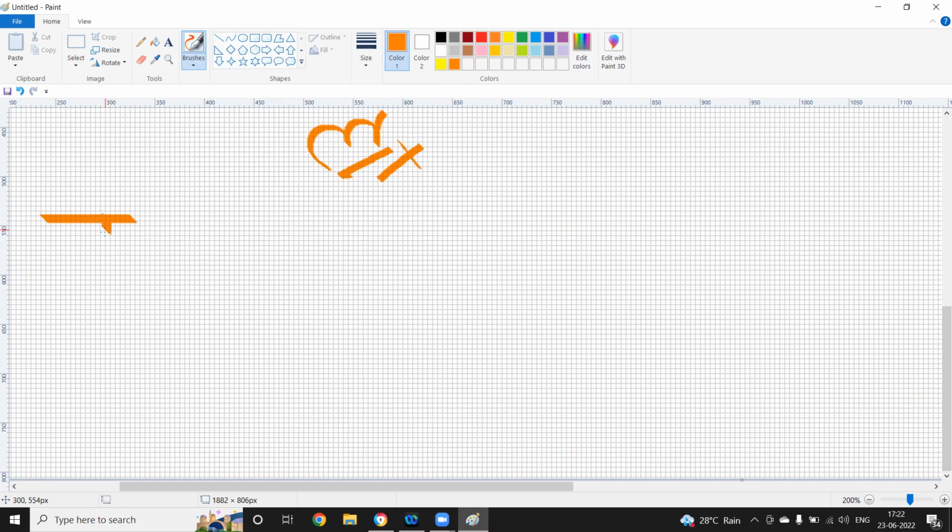So the first letter, draw the Shirorekha first on the top, and from the extreme left hand side, we are not leaving any space from the left.